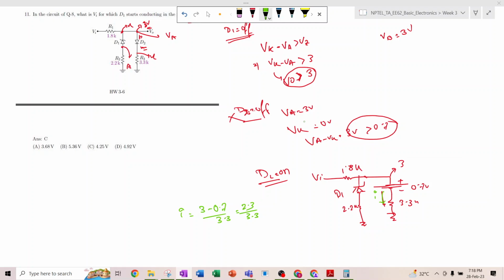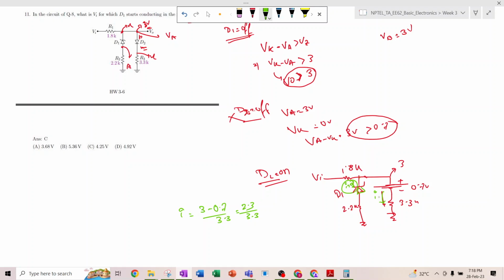Okay, so the current I should be (3 minus 0.7) divided by 3.3, that is 2.3 divided by 3.3. D1 is only just starting to conduct in the reverse condition. That means we can consider its current 0 just before conducting.